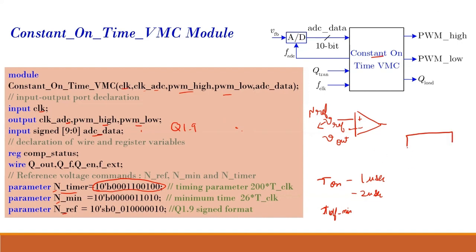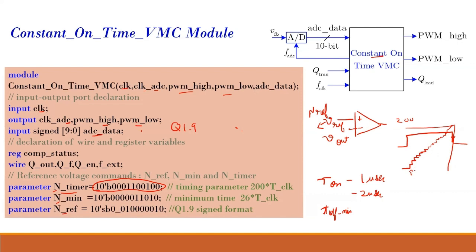It is being generated by a counter, just counting. When this counter reaches its maximum value, say 200, then your counter gets reset, and this also goes down. So this is how the on time is counted.